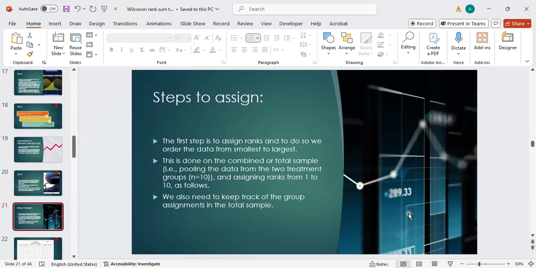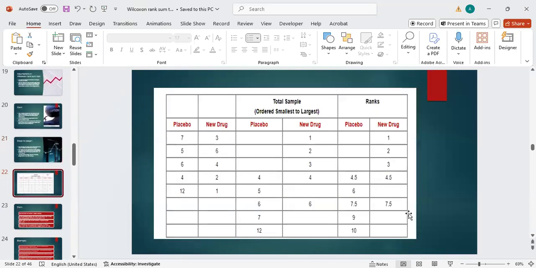This is done on the combined or total sample, pooling the data from the two treatment groups and assigning ranks from 1 to 10. We also need to keep track of the group assignment in the total sample. Here is the data of the total number of episodes in the placebo group and the new drug group.